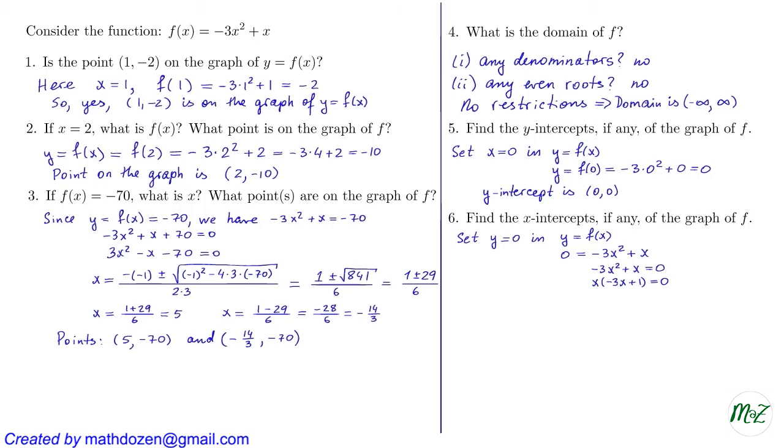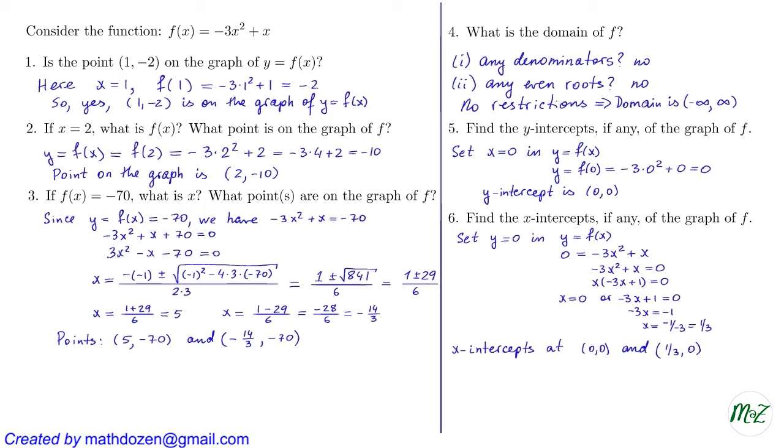If you factor out x, you have x times negative 3x plus 1 being equal to 0. So this splits into two parts. Either x is 0 or this entire parenthesis is 0. So we have either x is 0 or negative 3x plus 1 is equal to 0. Solving the second expression, we end up with x being positive 1/3.